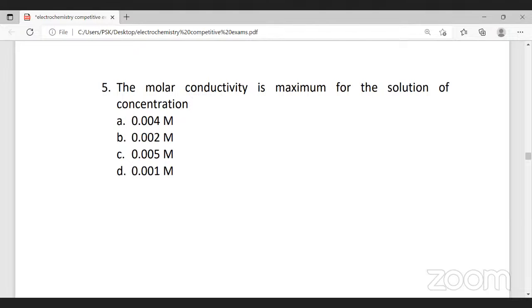Option C. Very good, option C. Now you tell me what it is.